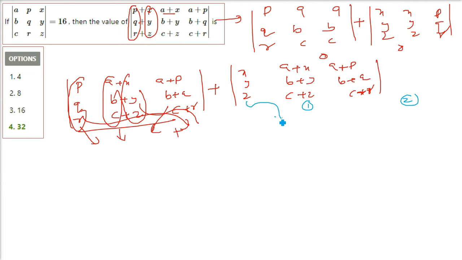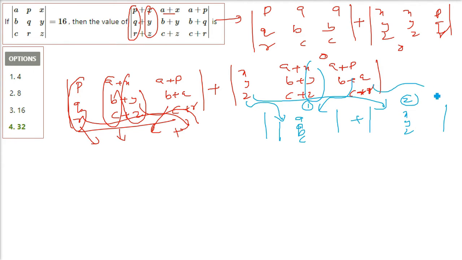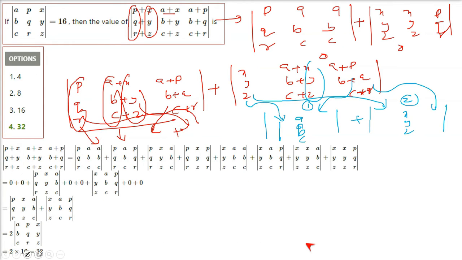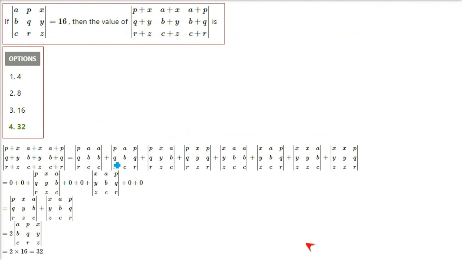It will be X, Y, Z in the first column, A, B, C will be the second column, first column same A, B, C, and the third will be A plus P, B plus Q, C plus R. And then we have X, Y, Z will remain like that. Here you will get X, Y, Z in the second column and A plus P, B plus Q, C plus R. So you need to open it all the way, and that is how this whole opening will take place. I hope you got the idea. This is how we get it open.